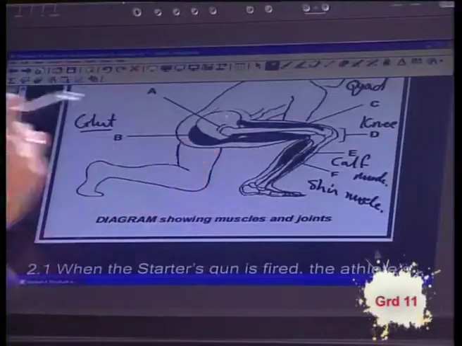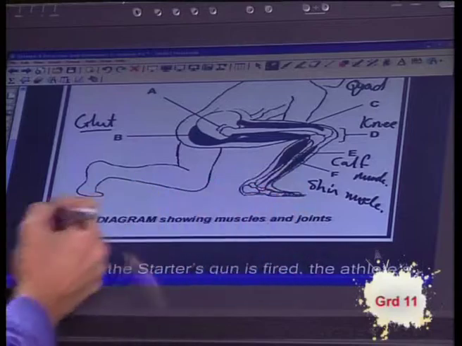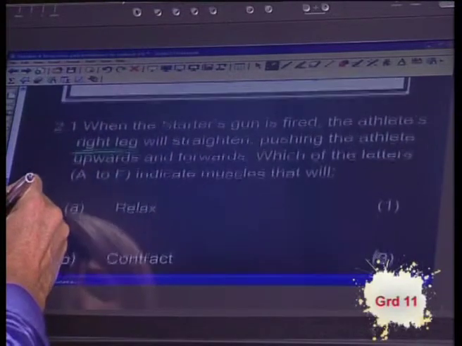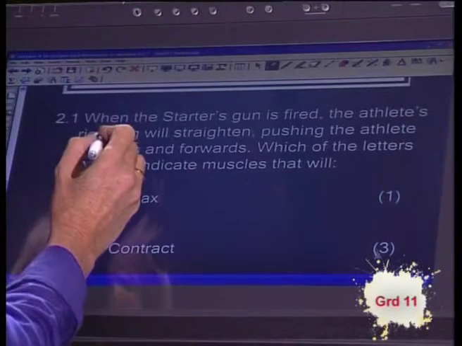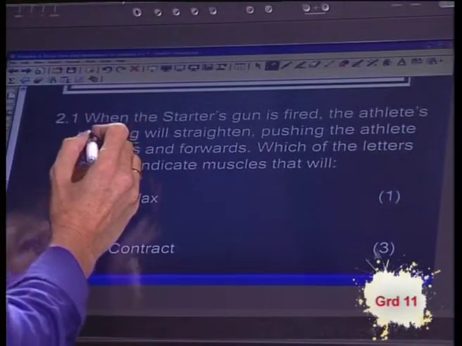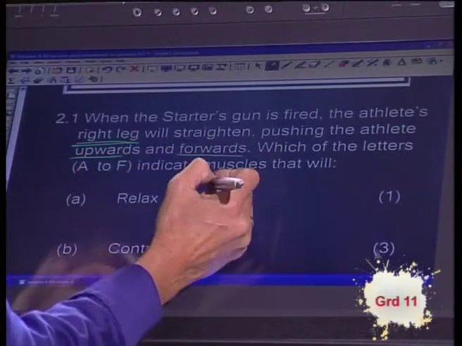Now remember the front leg is your right leg. That's the one that's going to propel you forward. So just go down now while we're going through this and just feel. As the gun goes off, the right leg in the front is going to straighten and push the athlete upwards and forwards.